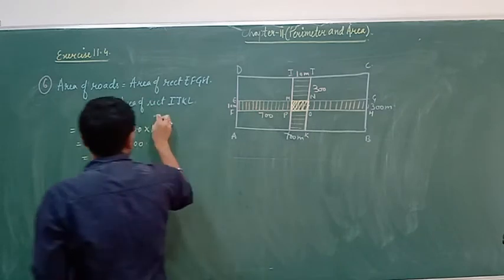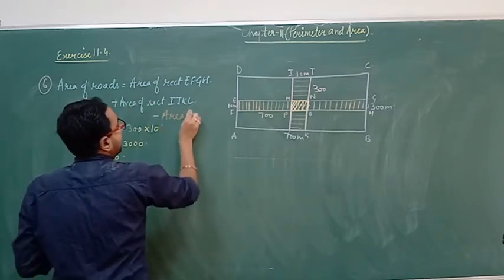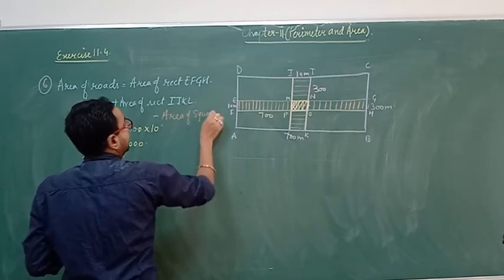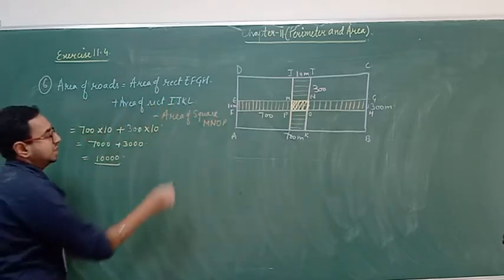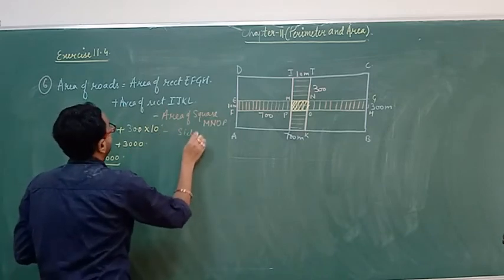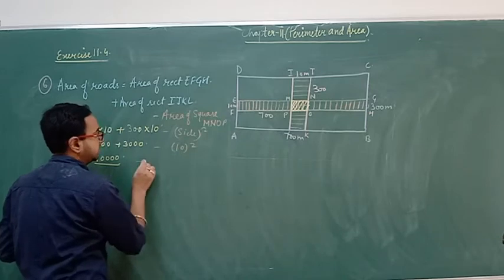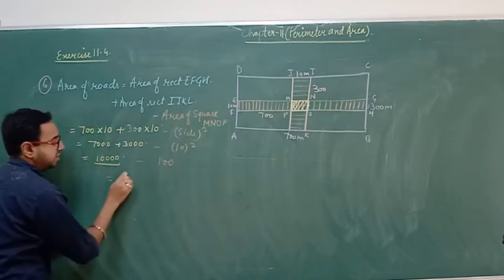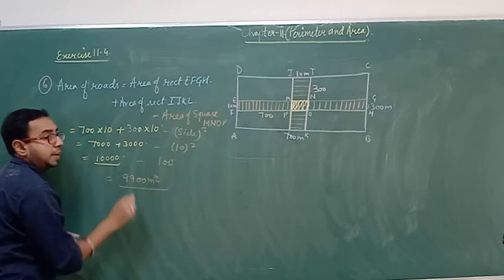Therefore, minus area of square MNOP. This is very important. So that is side into side, square, that is 10 meter. So 100. Your answer is 9900 meters square.